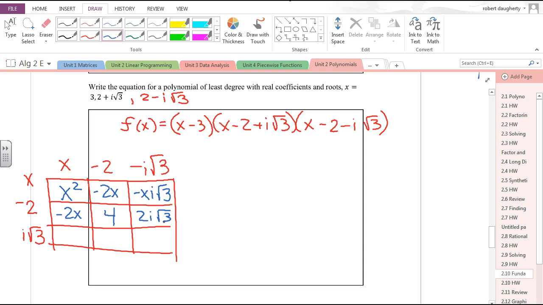X times i root 3 is what? X i root 3. I root 3 times negative 2. Yeah, negative 2i root 3. And then here, it's i times root 3 times negative i times root 3. So let's just do this one separate. So negative i root 3.